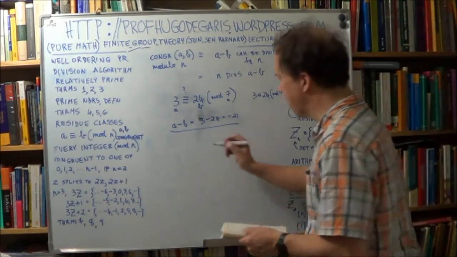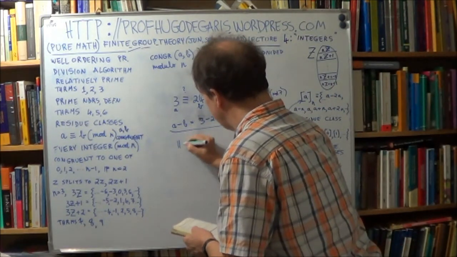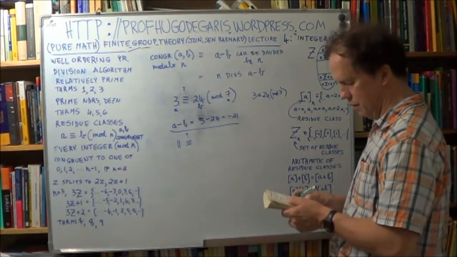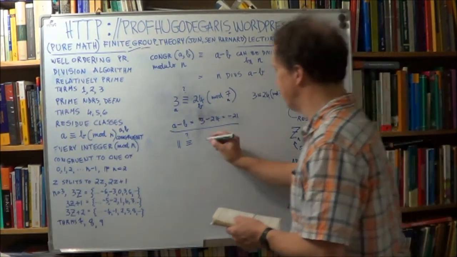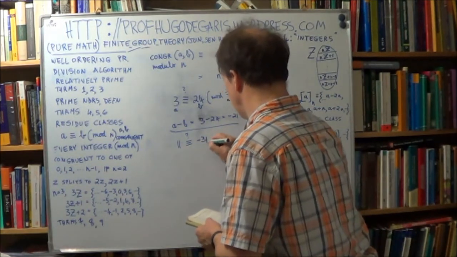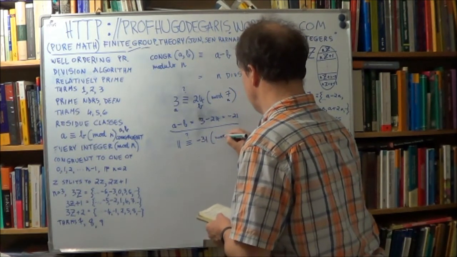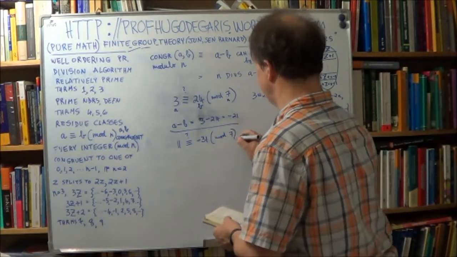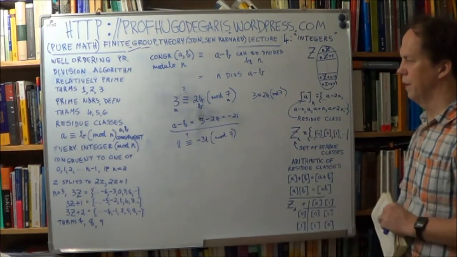How about this one? 11. Is it congruent to minus 31 mod 7? Is that true?